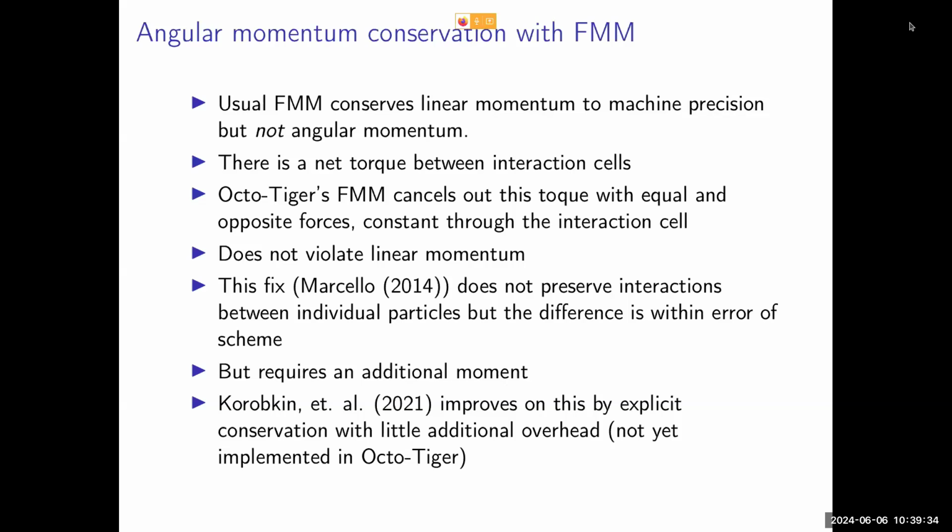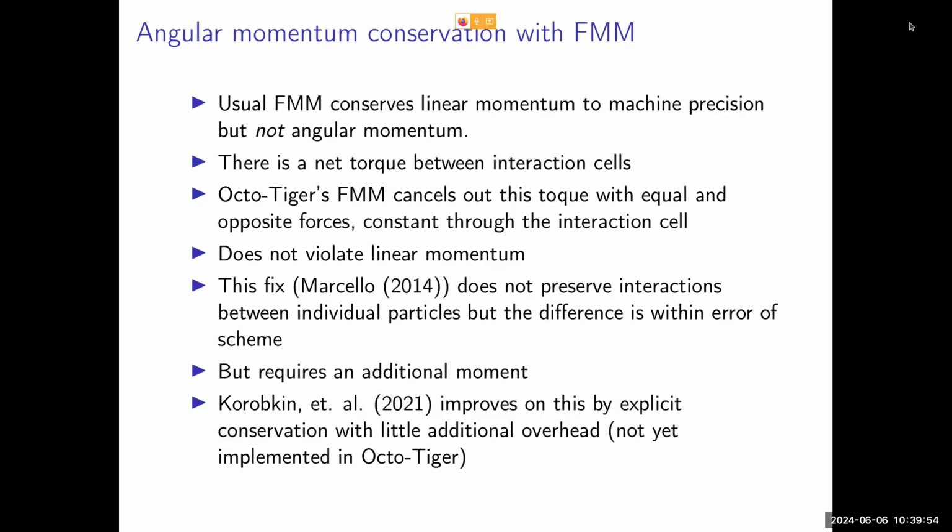The disadvantage is it doesn't really preserve the nature of interactions with individual particles. And also, you have to have an extra multipole moment to make the correction, which is expensive.